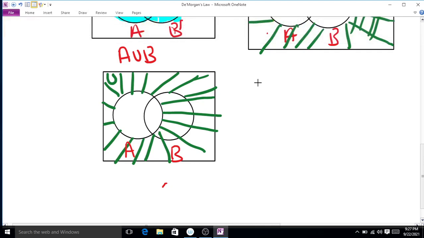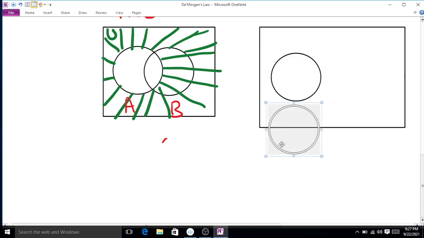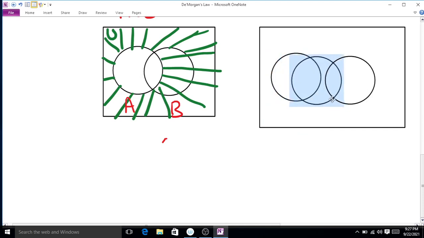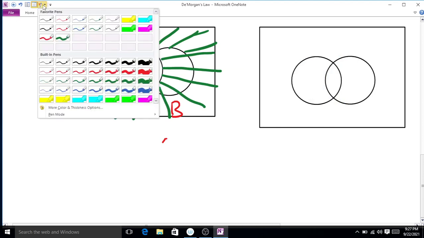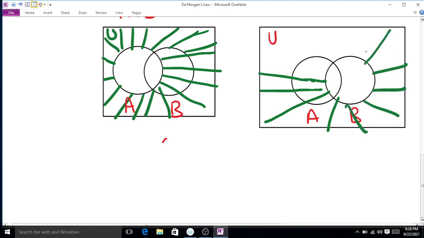Similarly, we want to determine B complement. So, suppose this is set A, set B, then universal set U, then B complement is, this part is B complement, this part is B complement.